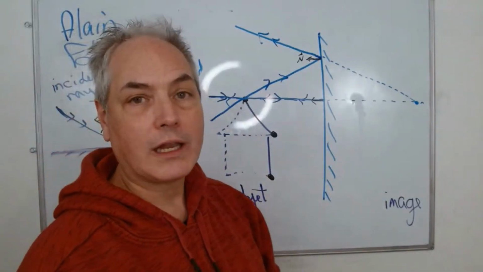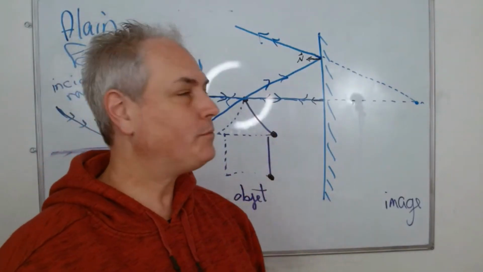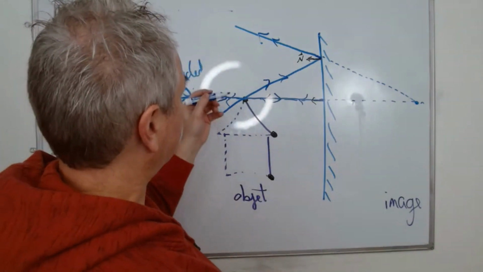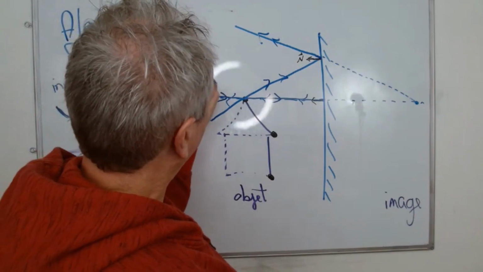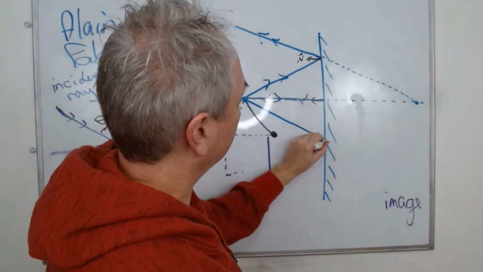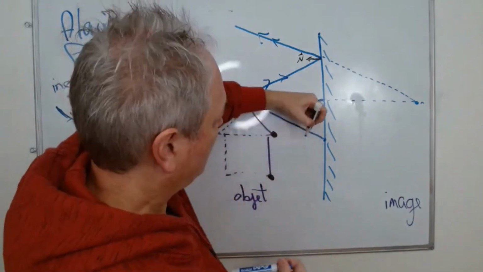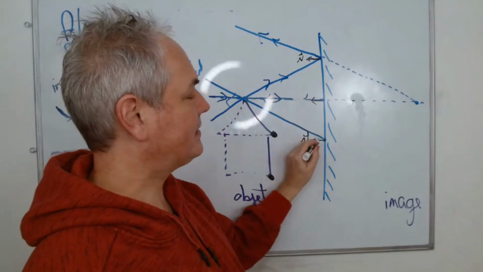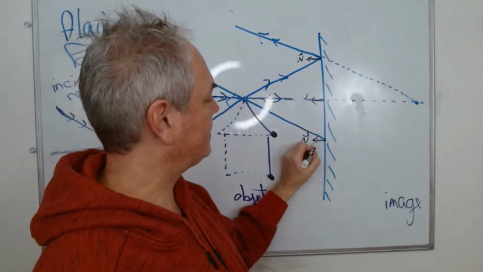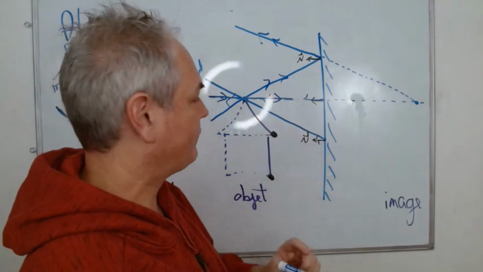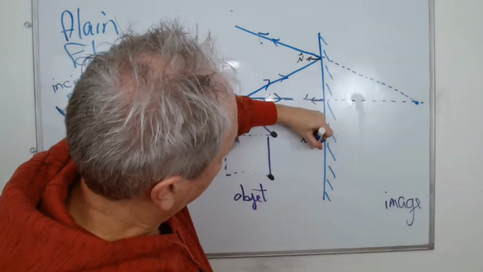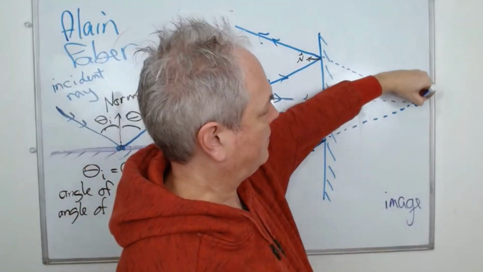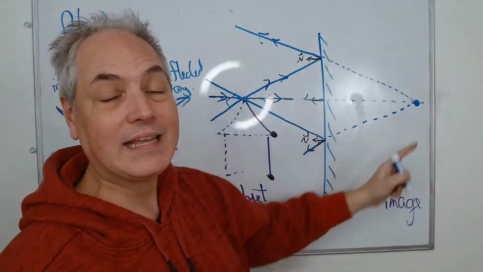And that means that if you go here, you have the intersection at the back here. So I'm going to do a third line, but for the other two, I'm just going to do two because the drawing will get crowded. If I take a light ray that will go like this to this point, we have our normal, the angle of incidence equals the angle of reflection, and we have here the reflected light, and here we have the two lines that are meeting right there.